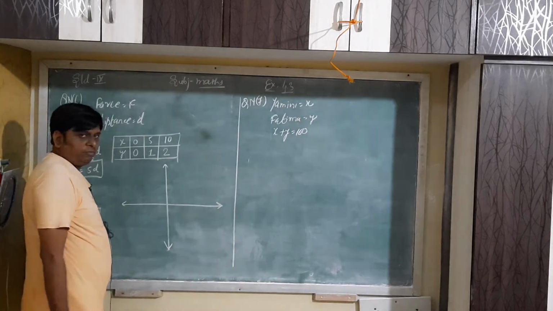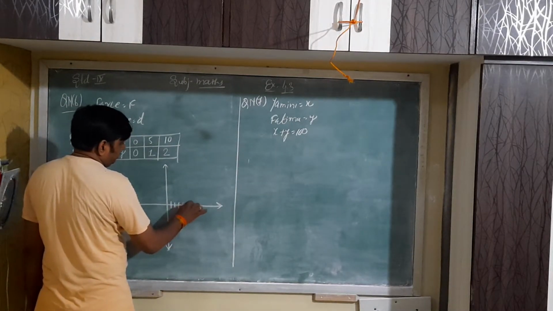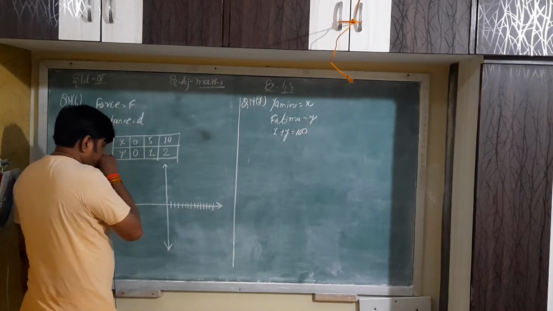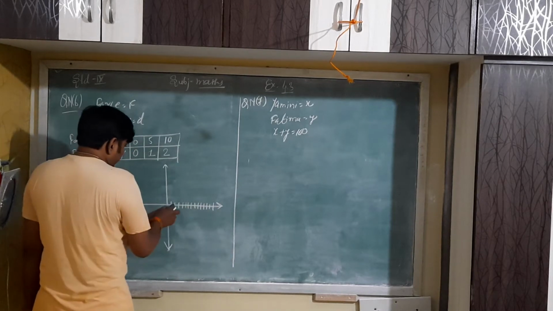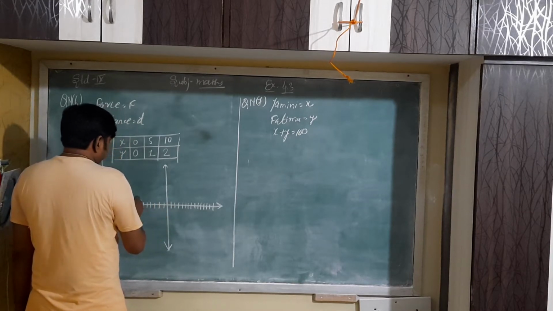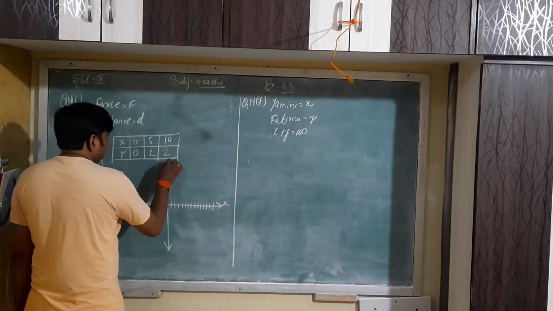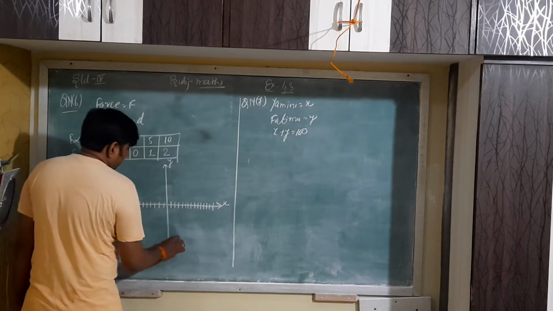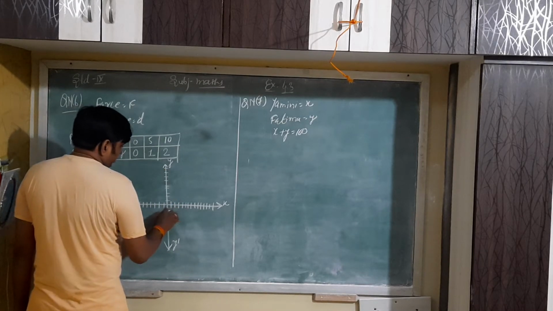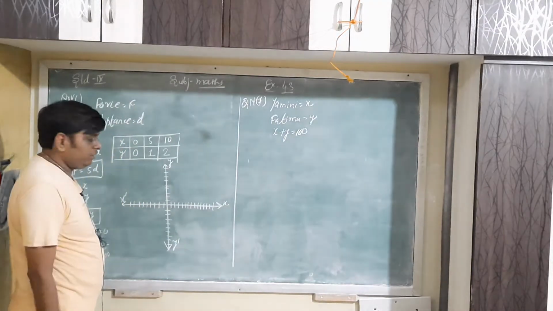Take four parts of your graph paper, numbering 1, 2, 3 up to 14, with the same distance of 1 unit. The horizontal axis is the x axis, x dash, and the vertical axis is the y axis, y dash. Make the graph of this question.